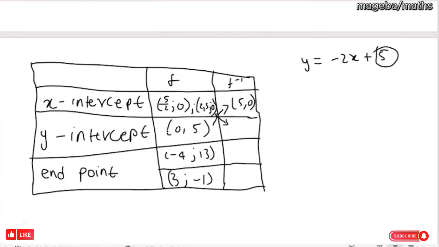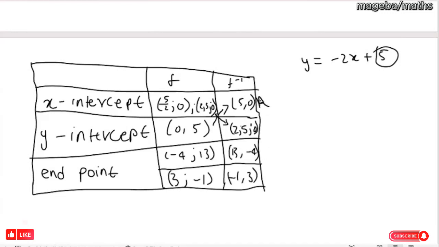The y-intercept of the original function is the x-intercept of the inverse, and then the x-intercept of the original function is going to be the y-intercept of the inverse. So here (5/2, 0) is now my y-intercept. I hope you understand that one. And then from here, it's just the interchange of x and y. Now here it's going to be (13, -4), and then here it's just going to be (-1, 3).